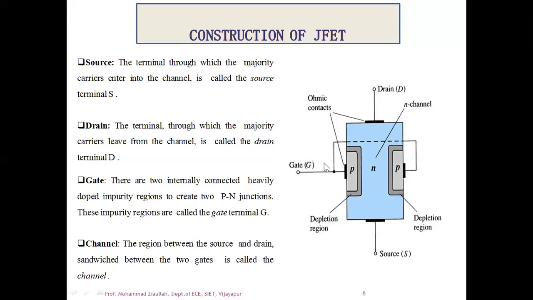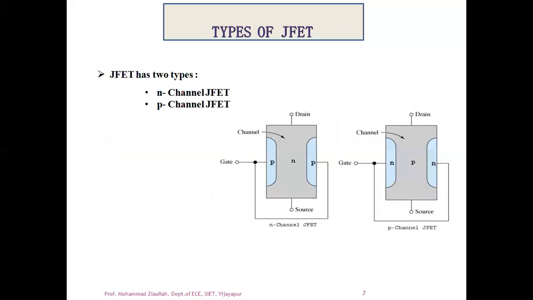Always the flow of charge will be from source to drain, but the flow of charge can be controlled using the gate terminal. There is another region between the source and drain, which is the channel, sandwiched between the two P-type materials, or sometimes two N-type materials. In this way, the whole JFET is constructed with various layers of semiconductor materials.